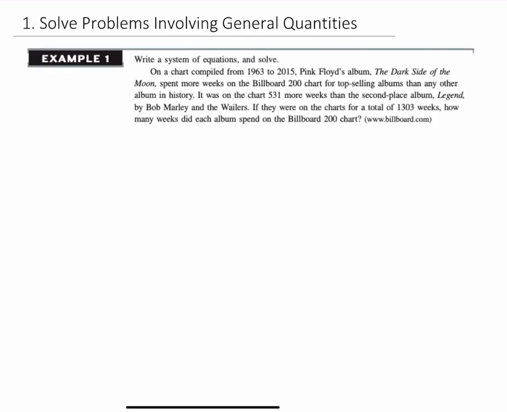So our first example, they're calling it solving problems involving general quantities. So let's read through and see how we can use a system of two equations in order to solve the question.